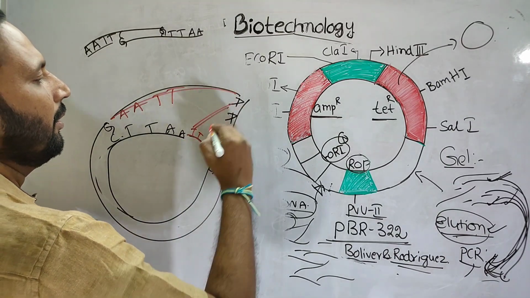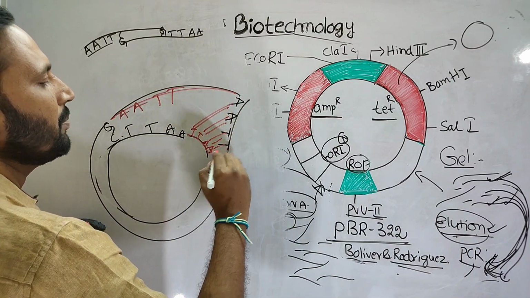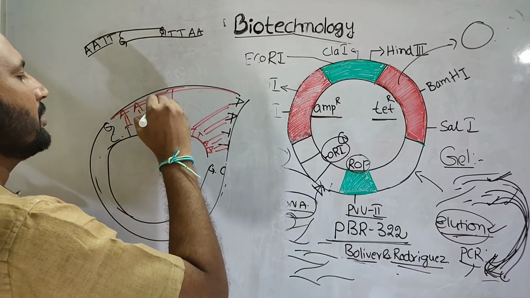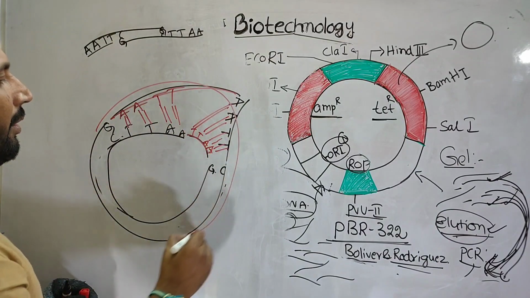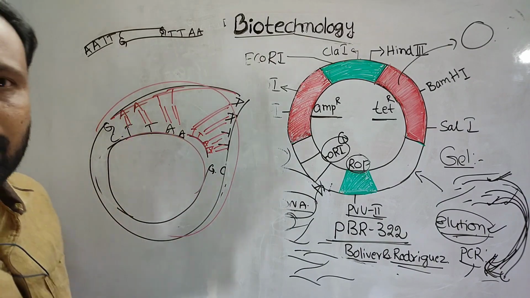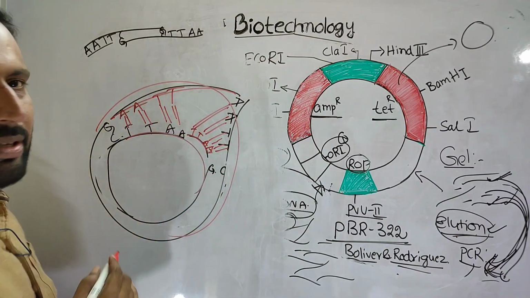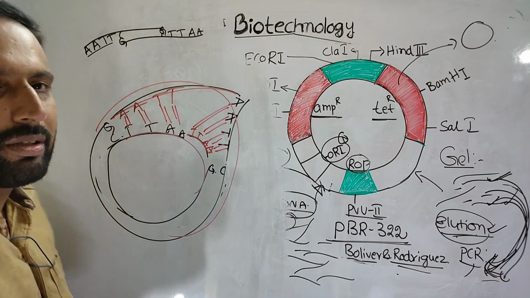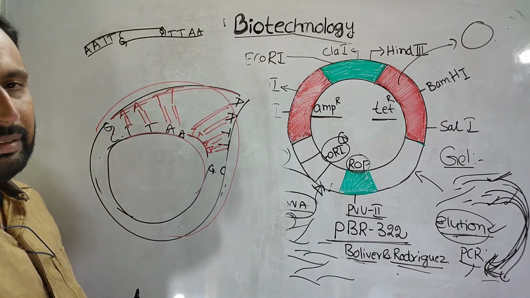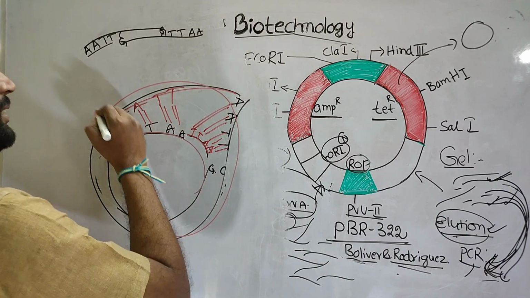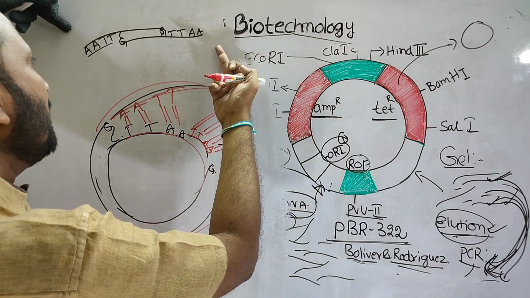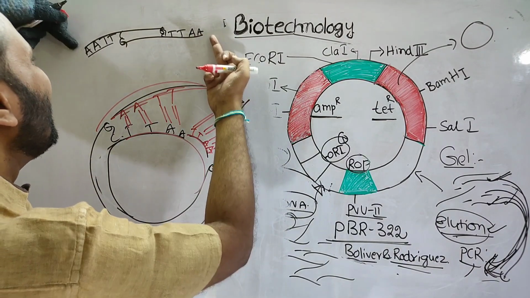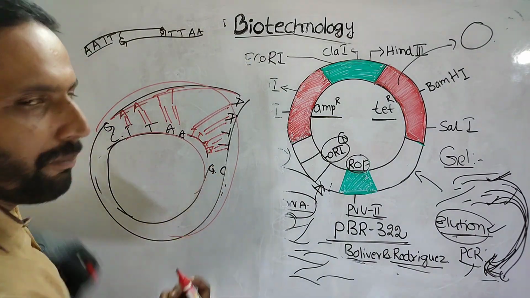Here hydrogen bond establishment takes place, and like that a recombinant DNA is formed. Wherever hydrogen bonds are forming, they are sealed by the ligase enzyme. An especially important point: restriction endonuclease enzyme mainly cuts phosphodiester bonds.